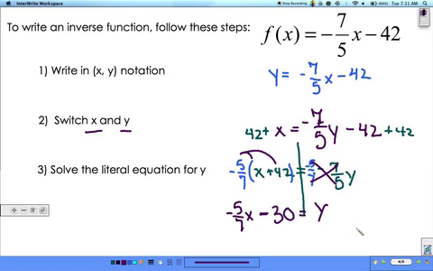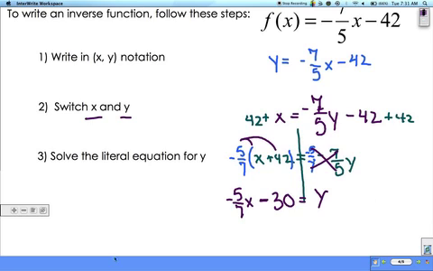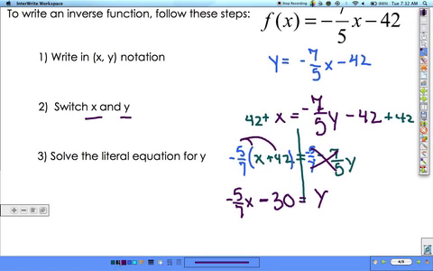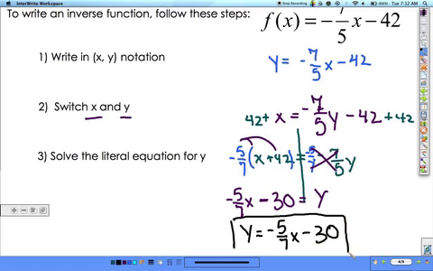And then finally, I should just use the symmetric property to rewrite it with the y on the left. So y equals negative 5/7 of x minus 30. And this should be my inverse function.